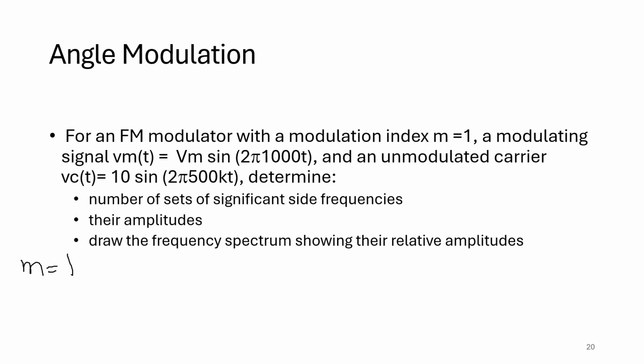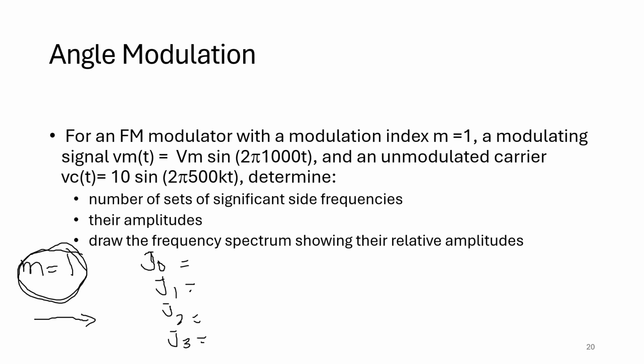So we have 1 carrier and 3 sets: J1, J2, and J3. Where did this come from? This came from the Bessel table. Just search for 1, and you will find J0, J1, J2, and J3. Those values also give the amplitude.